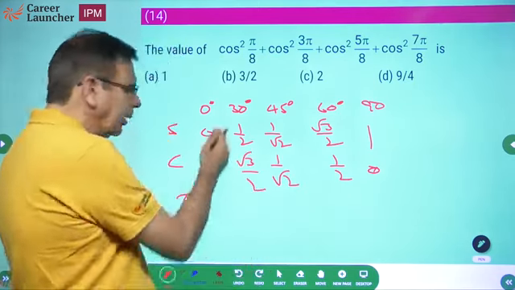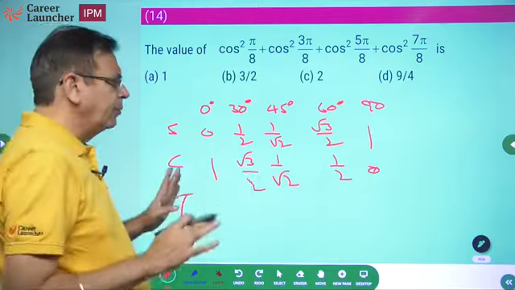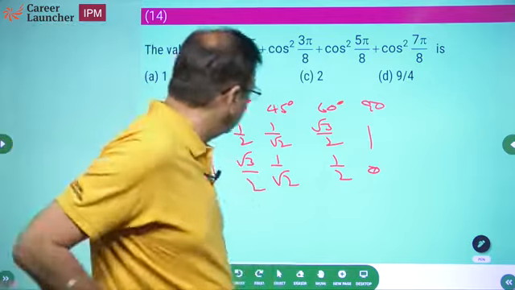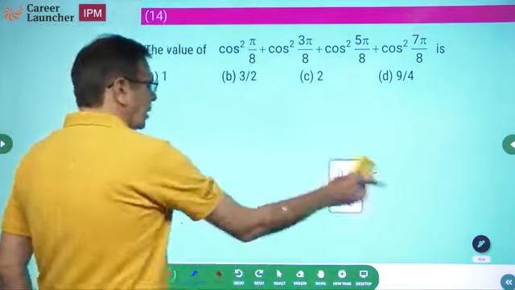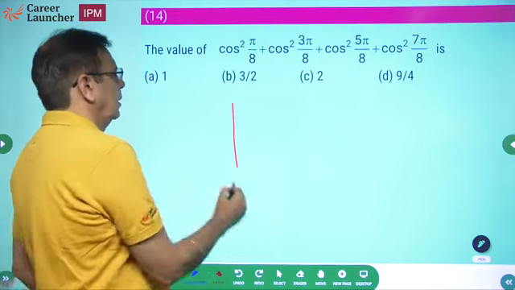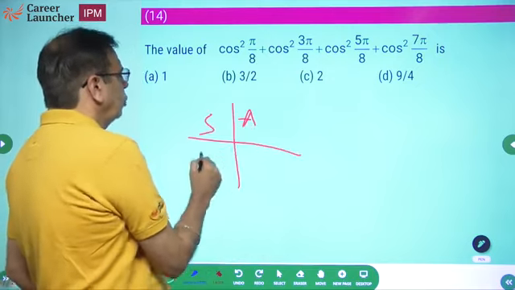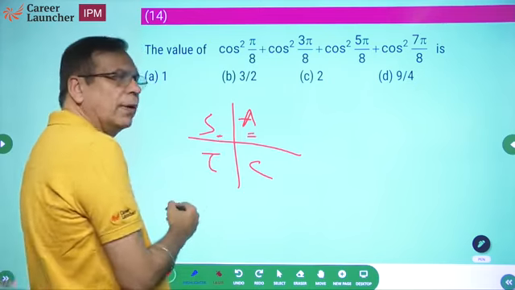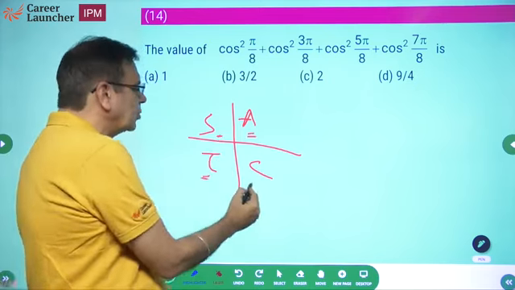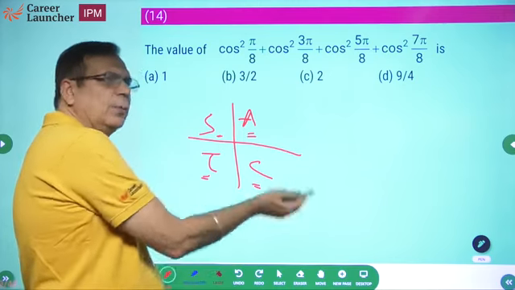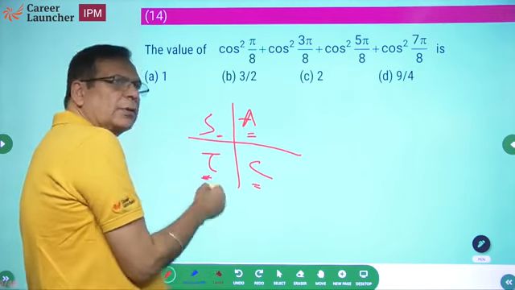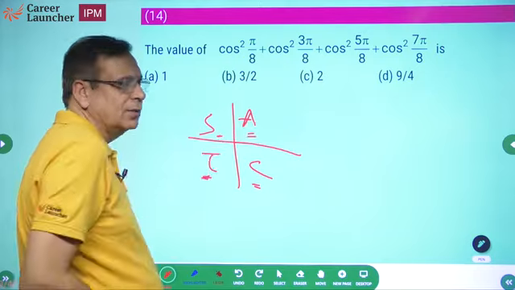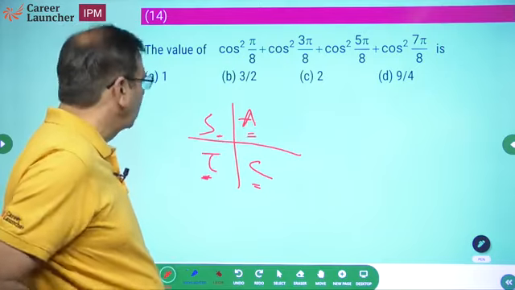Tan will be sine upon cos. What else do I know in trigonometry? After school to cinema: all are positive in the first quadrant. In the next quadrant, only sine is positive, then only tan, then only cos. Cos and reciprocal of cos, tan and reciprocal of tan, which is cot, sine and reciprocal of sine, are positive in the respective quadrants.